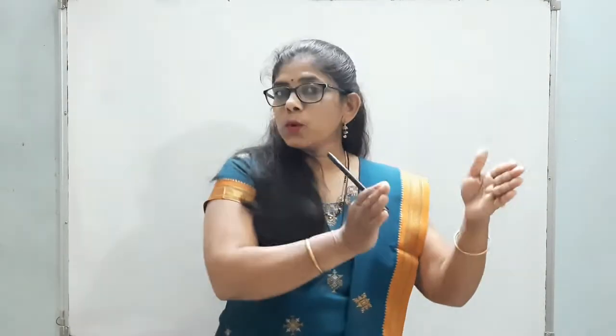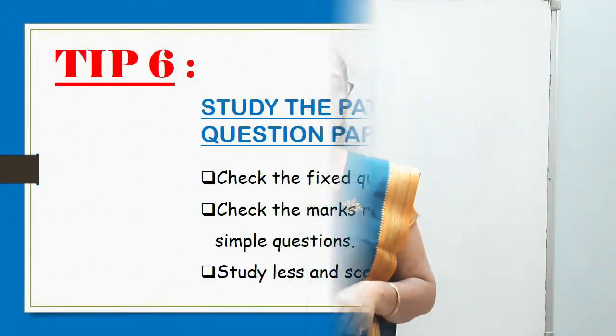In science, there are so many marks reserved only for diagrams. So first study the pattern of your paper and see how many marks you can score easily. With less effort, we have to score good marks now. So first, study the paper pattern and check how many marks are reserved for which questions.